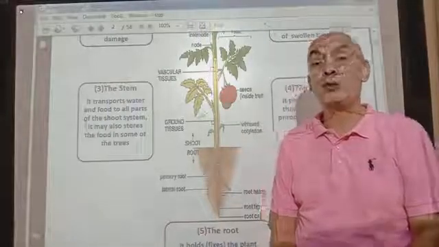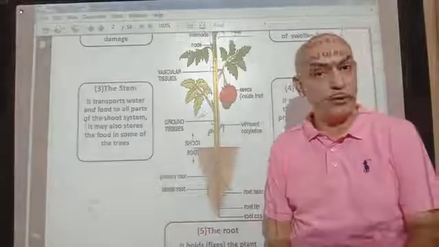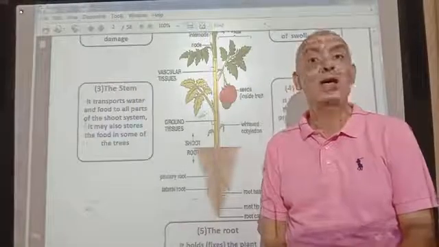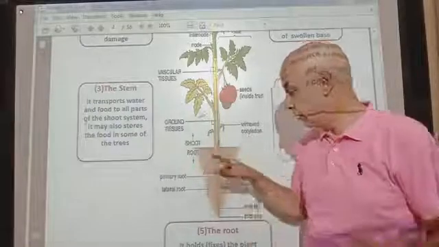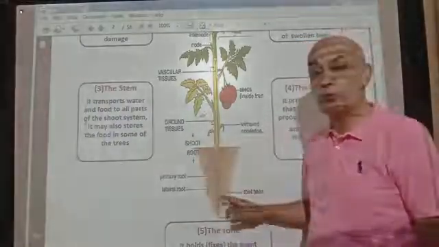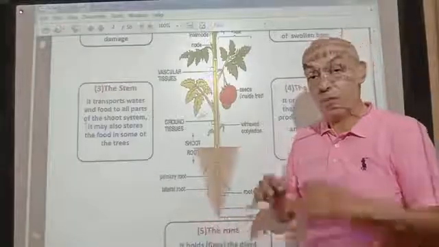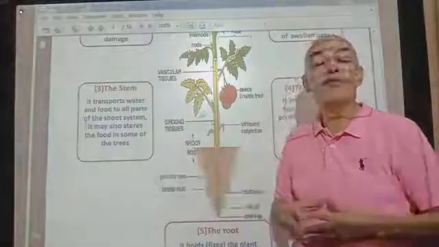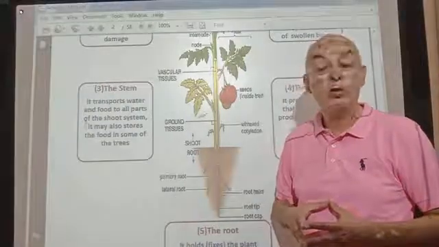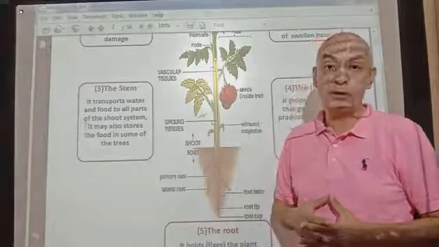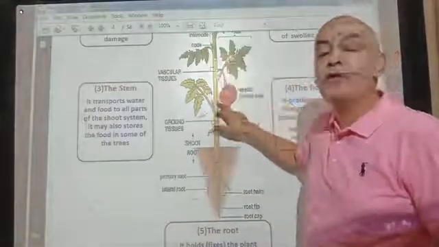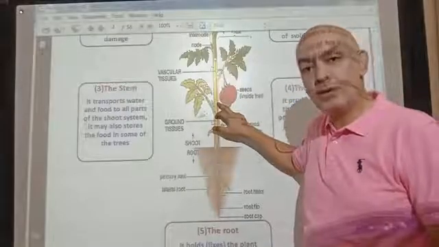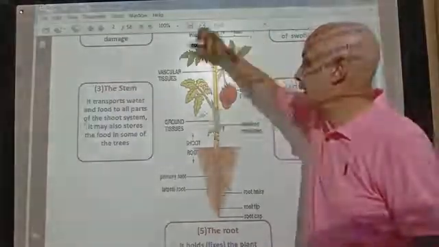The root system grows above the soil or under the soil? Yes, under the soil surface. It consists of number 1, main root, number 2, lateral roots. From the lateral roots, some branches extending out, which are called root hairs. Number 2, the part of the plant that grows above the soil is called shoot system.